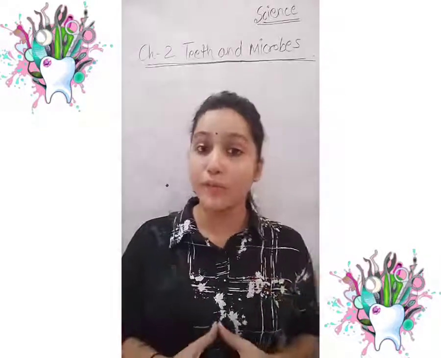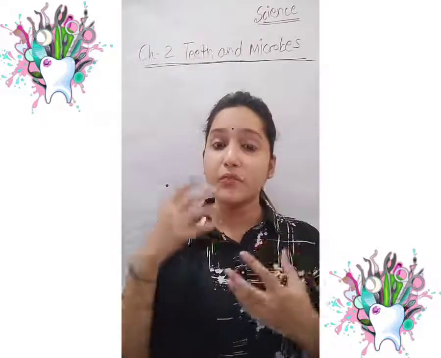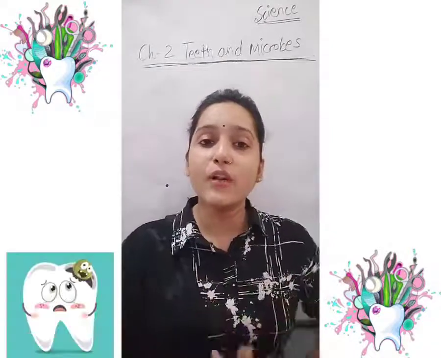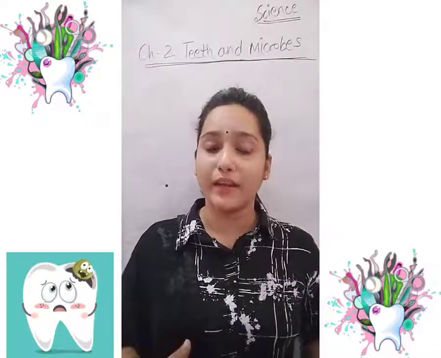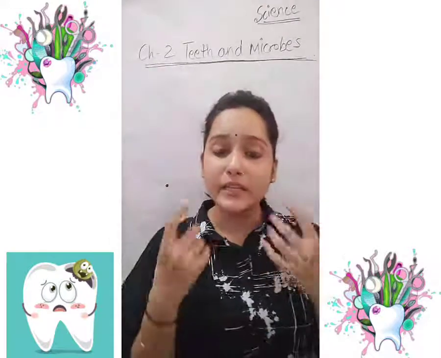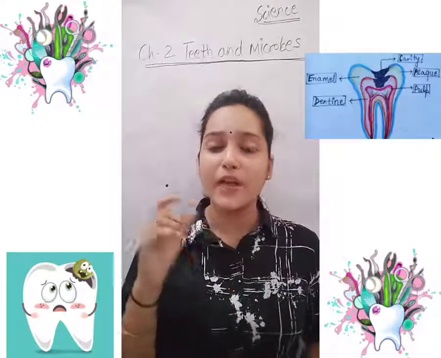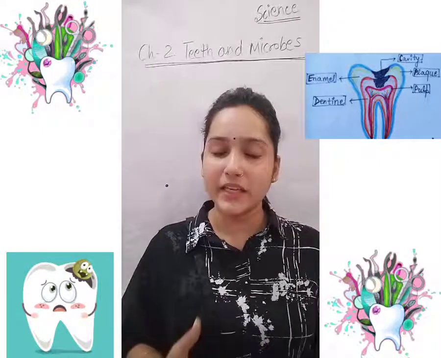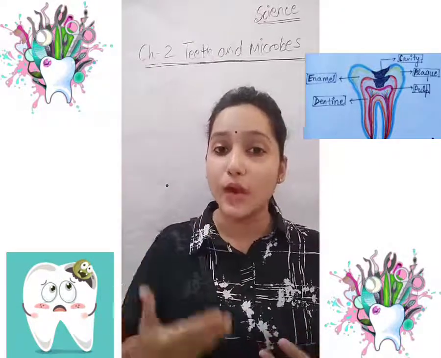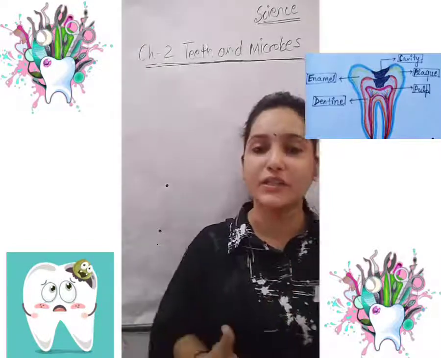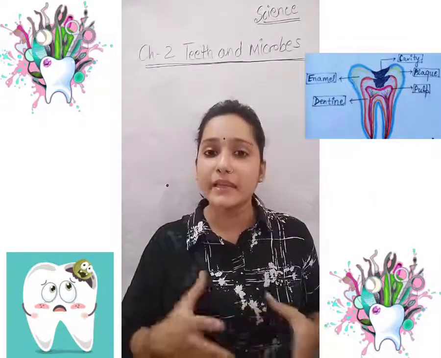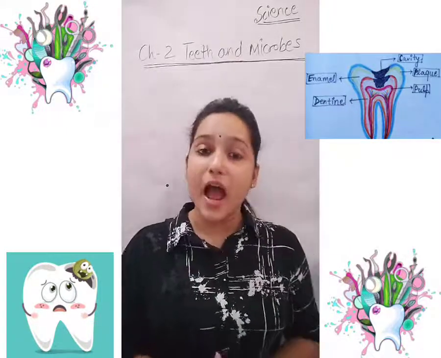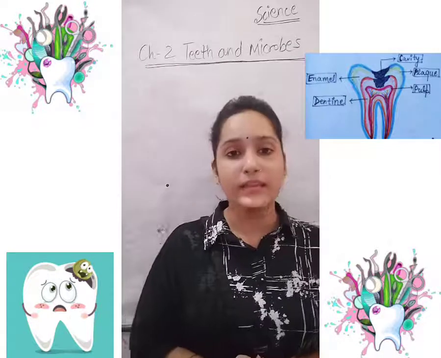Sometimes when we do not brush properly or any food item gets stuck in our mouth in between the teeth, it causes germs to attack, and the teeth get covered with a thin layer of germs, that is called plaque. And whenever we eat something, that plaque reacts with the sugar present in the food and changes into acids, and this acid starts harming our enamel and dentine layer, and that is called tooth decay.